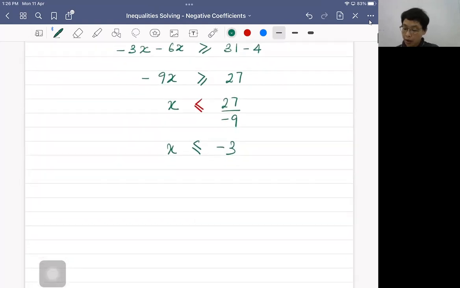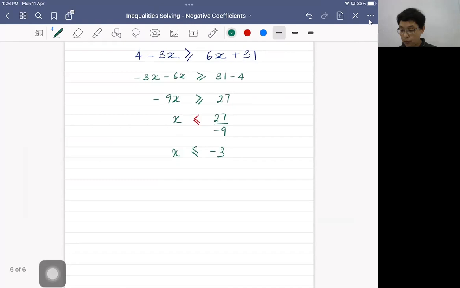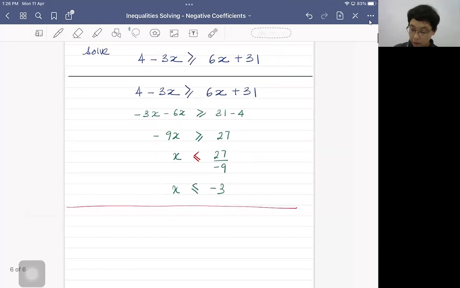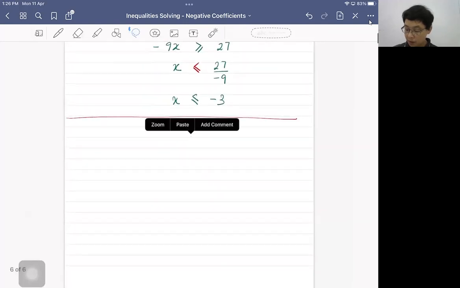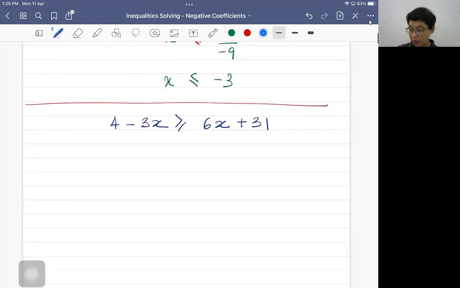Okay, before I end this video, I just want you to see how meaningful your solution is by testing it out. Okay, so let's take this inequality so that you will see how easy or how smart you can be by solving it.